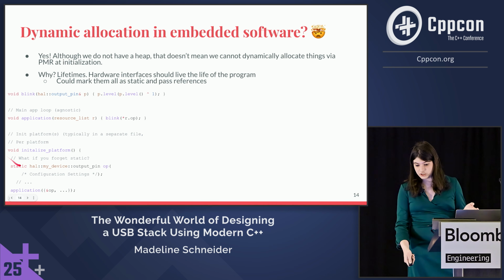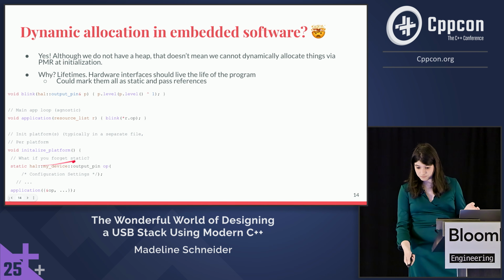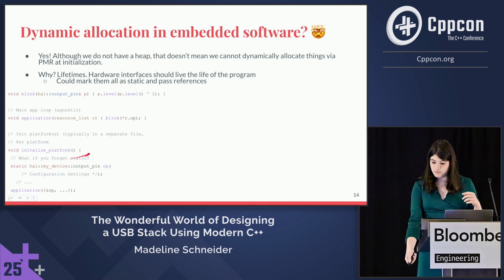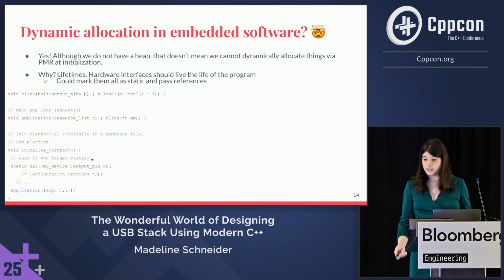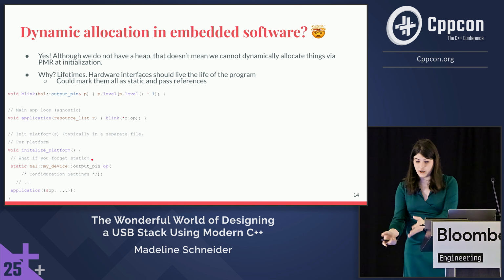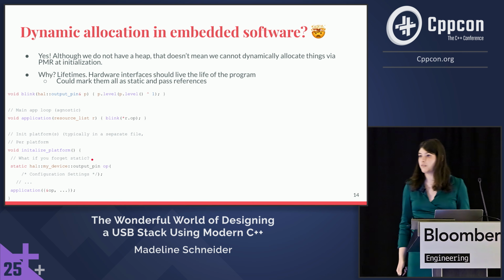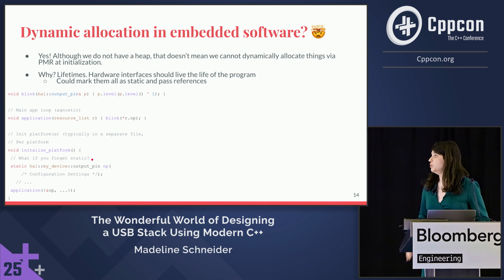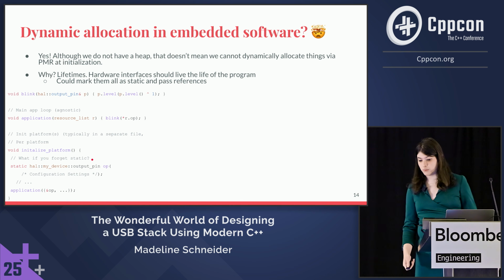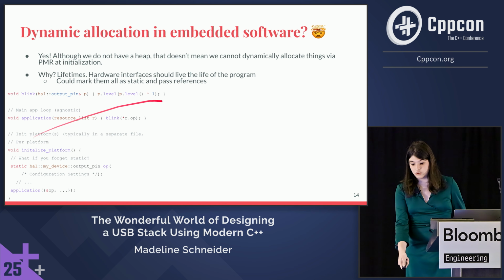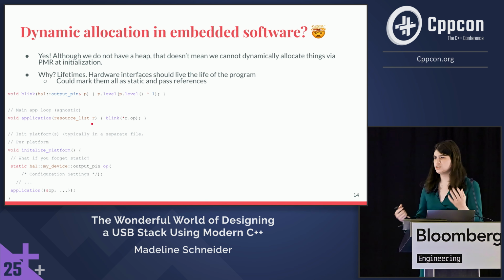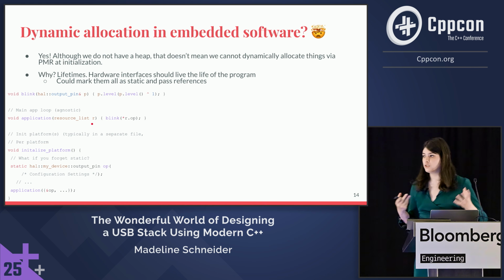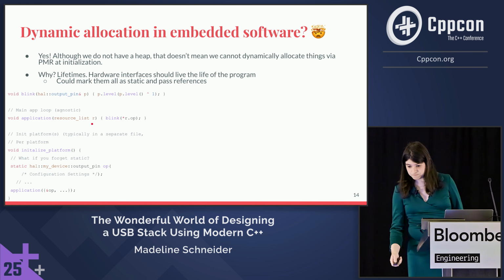And then we had this initialize platform that would be per platform, because remember, we want to be hardware agnostic. However, if people forgot to tag this as static, then the thing you initialized would be owned by initialize platform, and when initialize platform ends, you would be left with a dangling pointer, because our application used to take a resource list, which is just a struct of all of the things your application may or may not need.